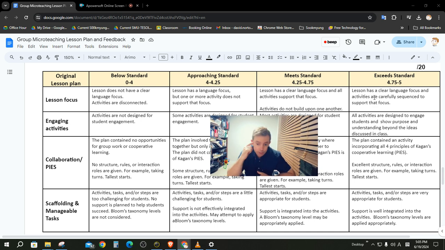Most of the time, teachers are really thinking about practicing language, but sometimes that part is not articulated or not really outlined in the plan. So make sure there's a clear language focus, no doubt about what you're focusing on. And you want your activities to really support that.